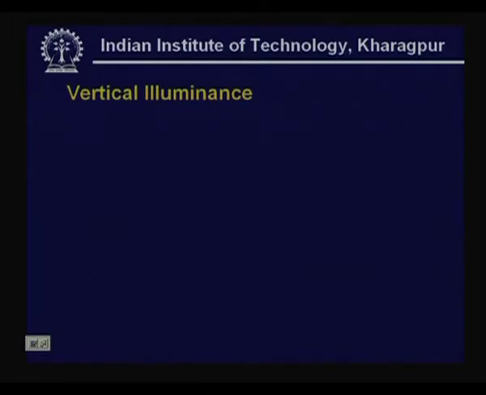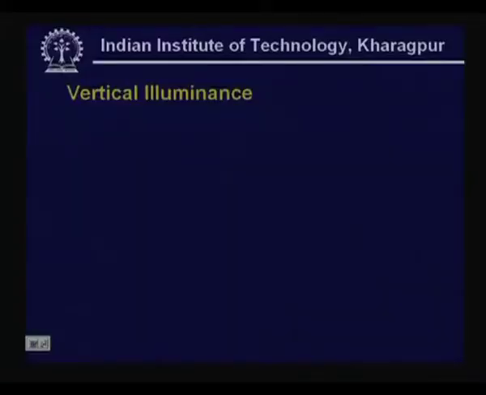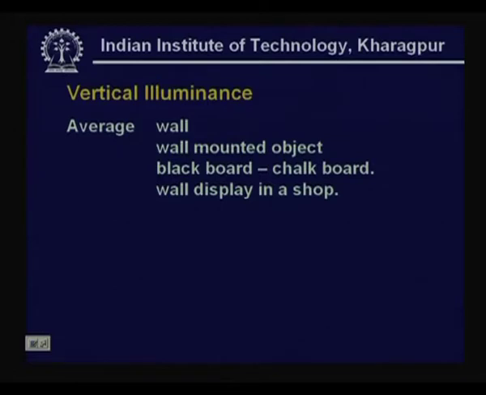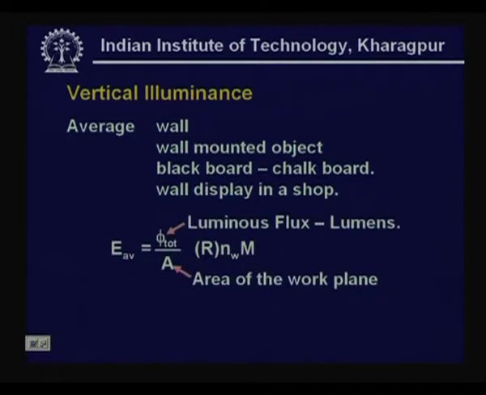Now, the next thing that needs to be considered is the vertical illuminance. We said there are applications, especially outdoor applications, and indoors when you are looking at a blackboard, or objects on a wall, or a display in a shop. That is where it becomes necessary.